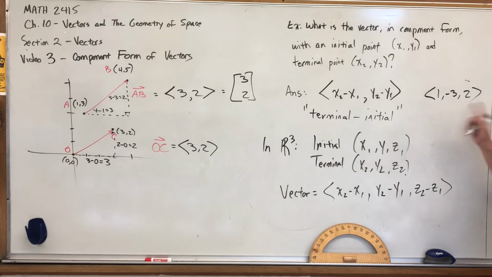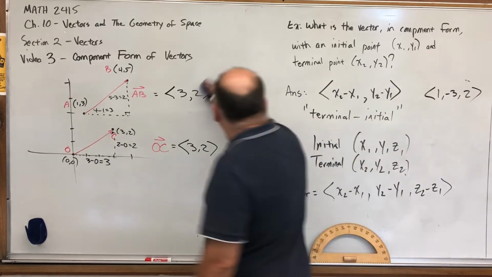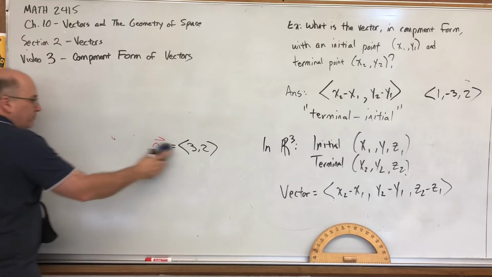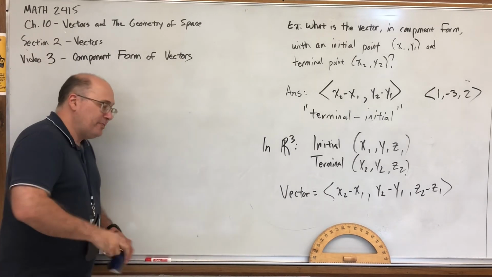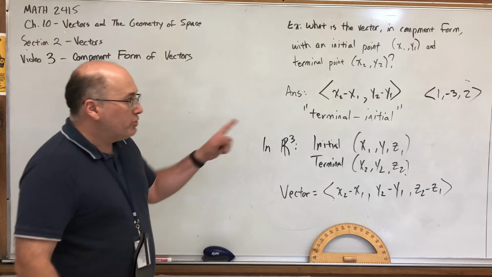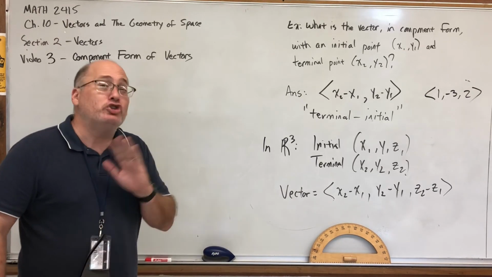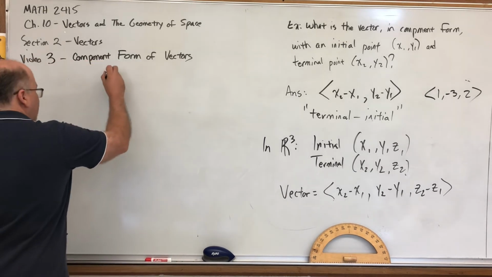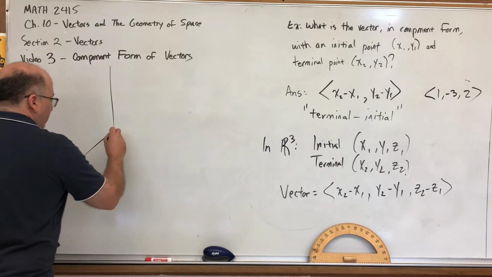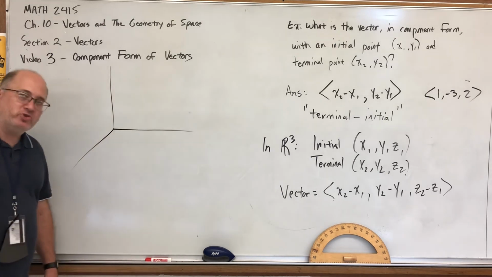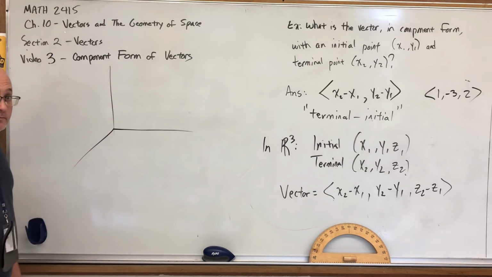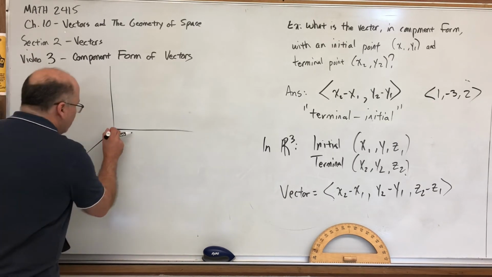In fact, if I wanted to draw this vector, the vector is independent of where it begins. It only depends on its magnitude and direction. So if I wanted to sketch that vector, I can choose the initial point of my choice. When you're drawing a vector, just to illustrate its magnitude and direction and have the freedom to choose the initial point that you want, I would choose the origin. Makes sense.